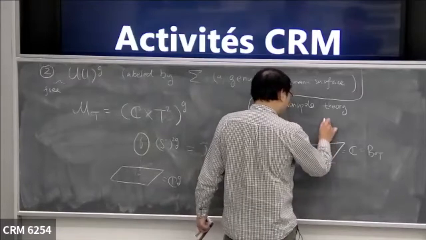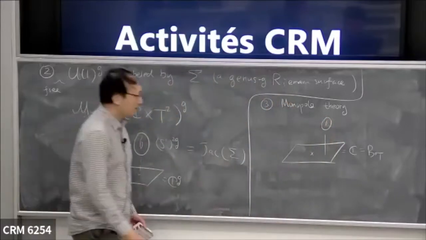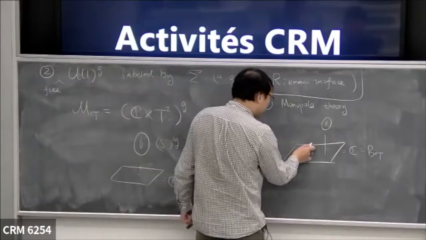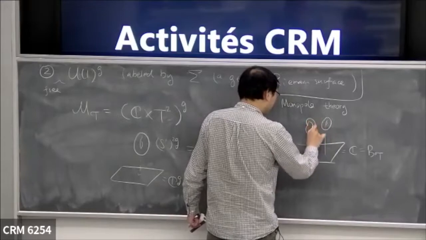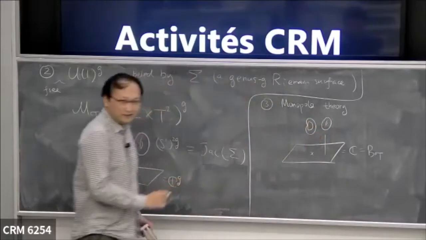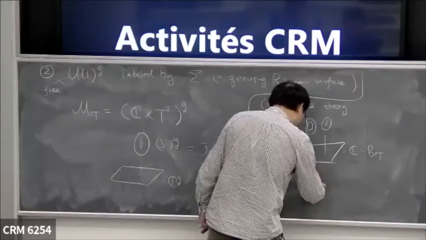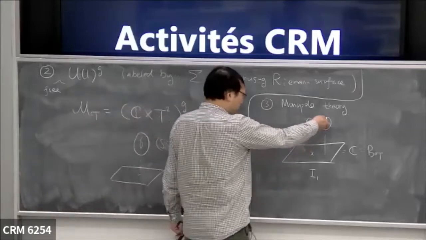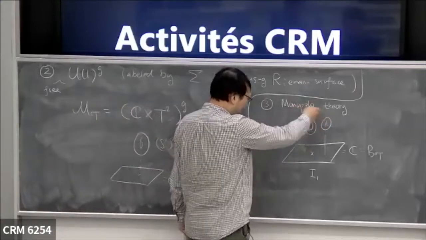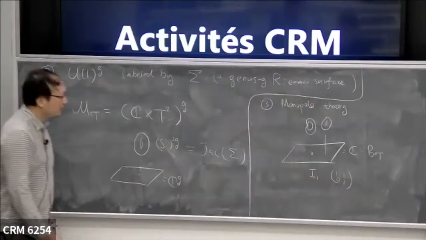Over a generic point, you still have an elliptic curve, but over these special points, you are going to have a degenerate elliptic curve. In Kodaira's classification, this is an I1 singularity, such that if you go around it, you will have monodromy given by the T transformation.